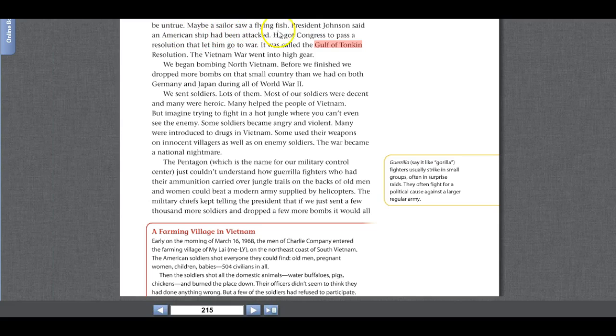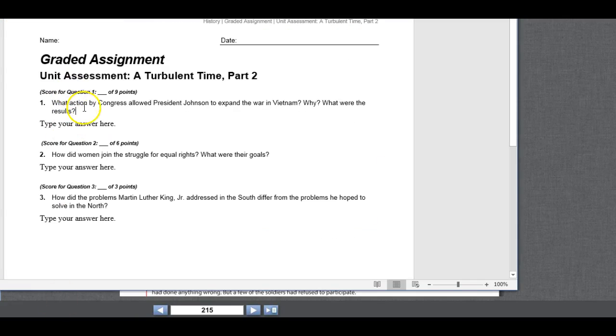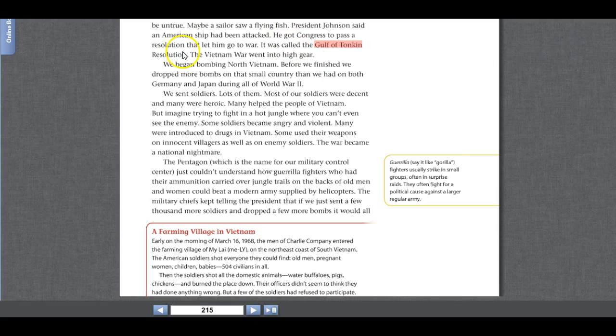Maybe a sailor saw a flying fish. President Johnson said an American ship had been attacked, and so he got Congress to pass a resolution that let him go to war. It was called the Gulf of Tonkin Resolution. So now we've got what action by Congress allowed President Johnson to expand the war. And there we have is that they passed the Gulf of Tonkin Resolution.